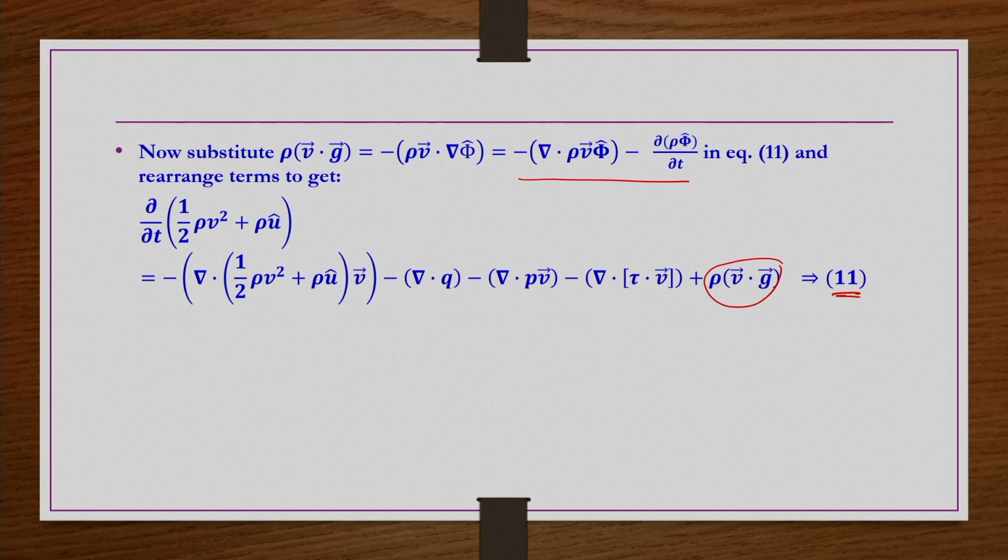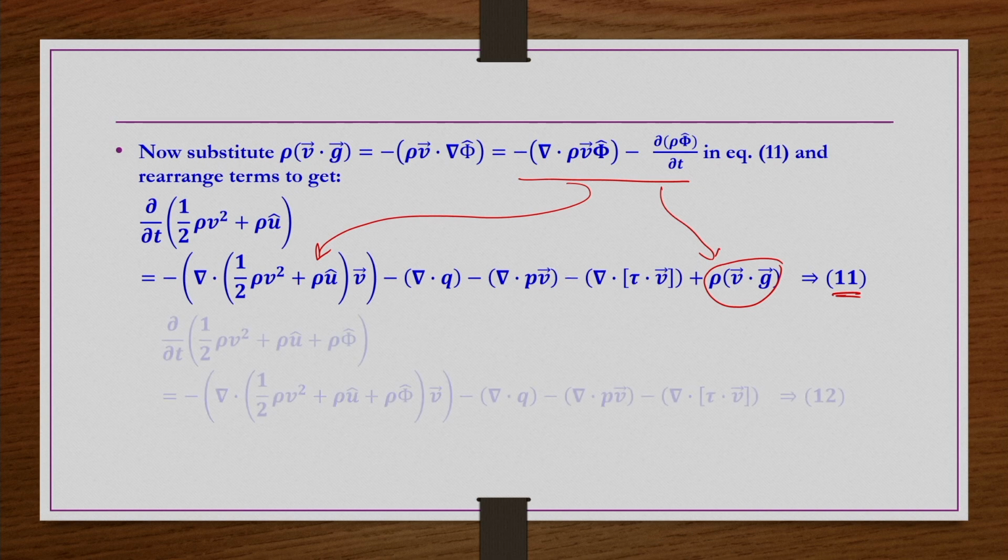Out of these two terms, I take minus dou by dou t of rho phi tilde to the left hand side, so that it can be added along with the kinetic energy and internal energy. The del dot rho v phi part I add to the first term in the right hand side of equation number 11.